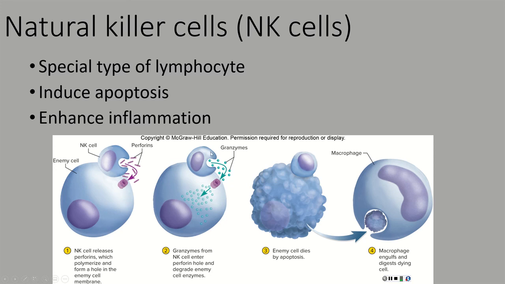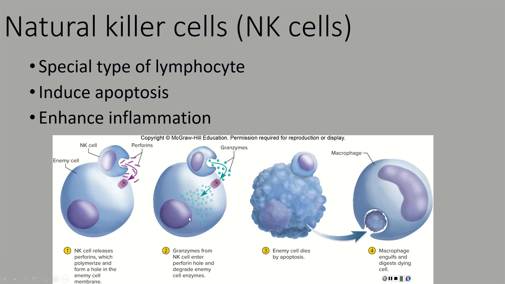Then the NK cell releases another protein called granzyme. Granzyme leaks in through that hole, and it does a few things. One, it starts to degrade parts of the cell, but more importantly, it triggers apoptosis in this cell. Apoptosis is something that cells do on their own when something goes wrong inside the cell.